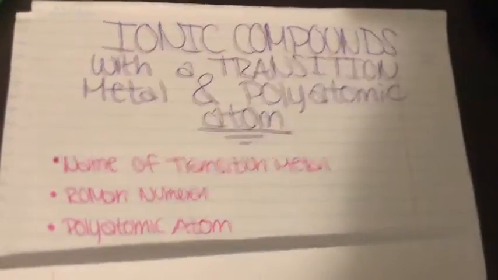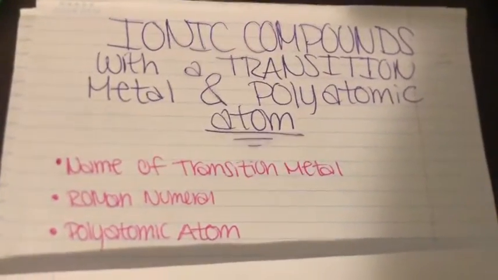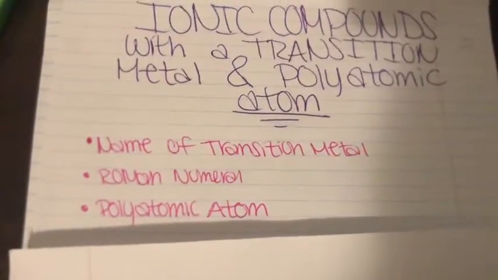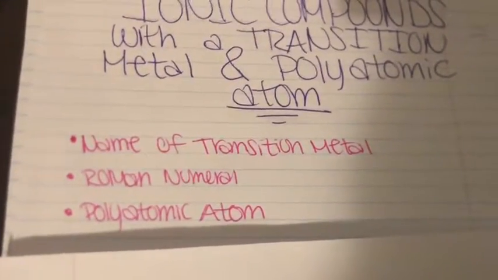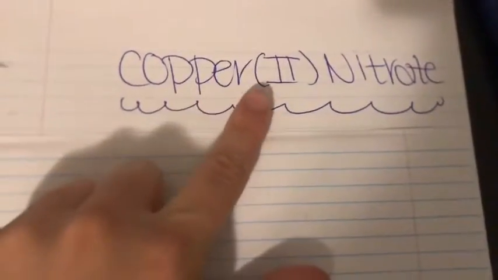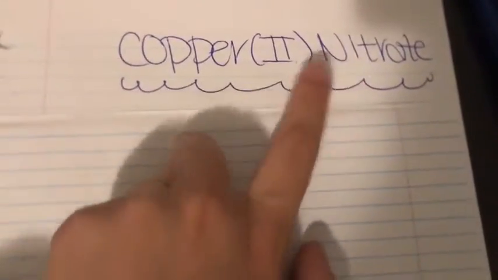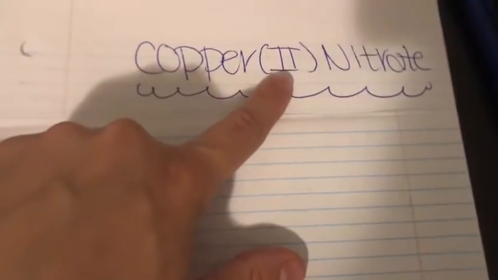Now we're focusing on ionic compounds with a transition metal and polyatomic atom. So what we need to focus on here is stating the name of the transition metal, adding the Roman numeral, and the polyatomic atom. For example, we're doing copper II nitrate. So this is the polyatomic, and copper, we know from here the charge is 2.